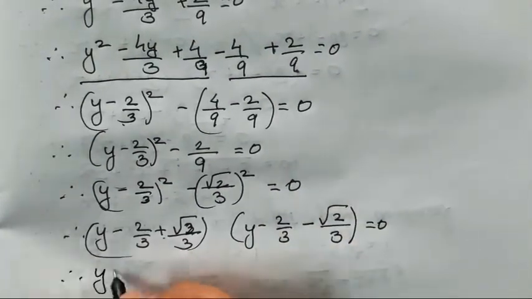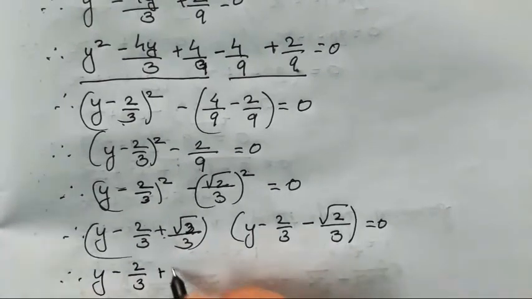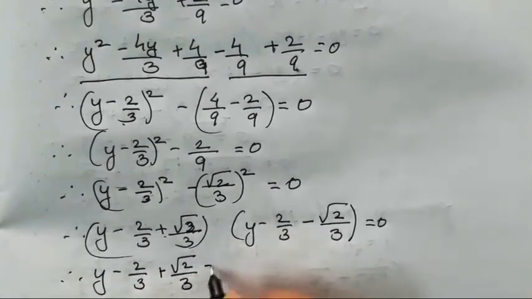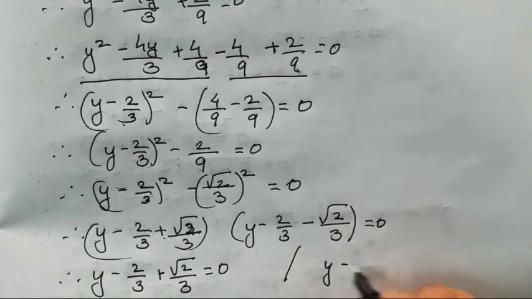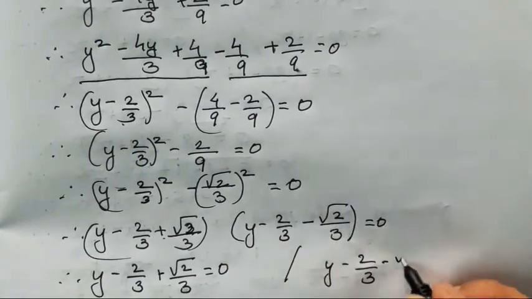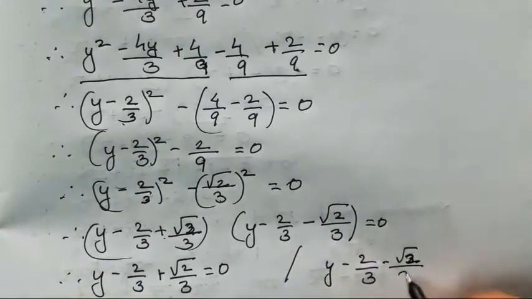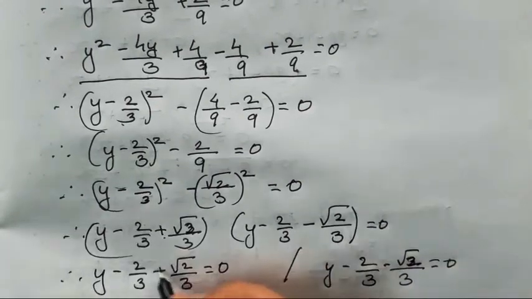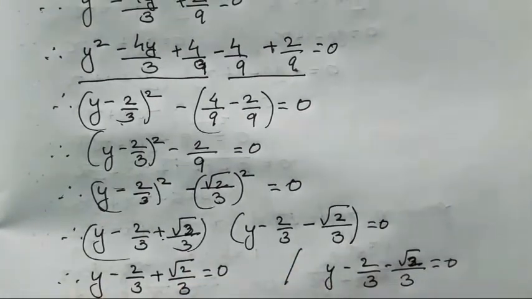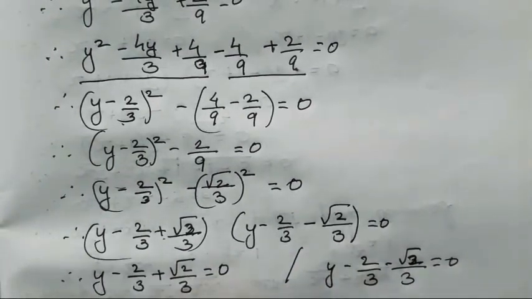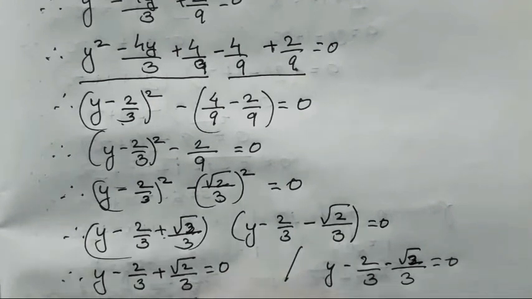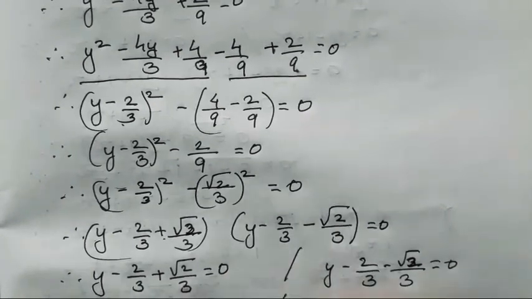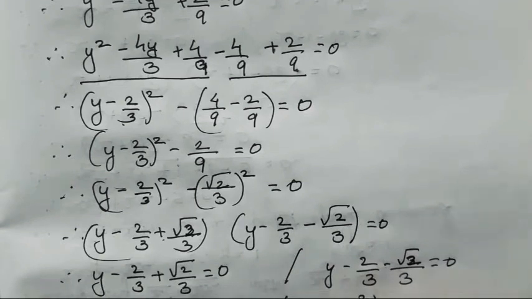Now you all have to write it separately, using 0 over here: y minus 2 upon 3 plus root 2 upon 3 is equal to 0, or y minus 2 upon 3 minus root 2 upon 3 is equal to 0. So two equations you all have got. Therefore, y is equal to 2 upon 3 minus root 2 upon 3, or y is equal to 2 plus root 2 upon 3.